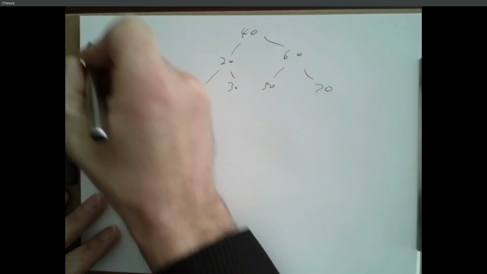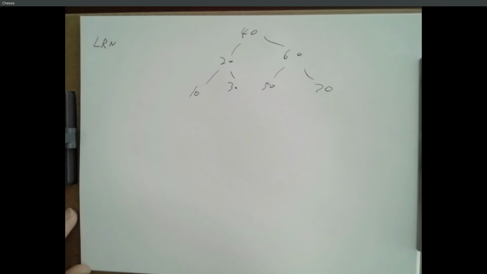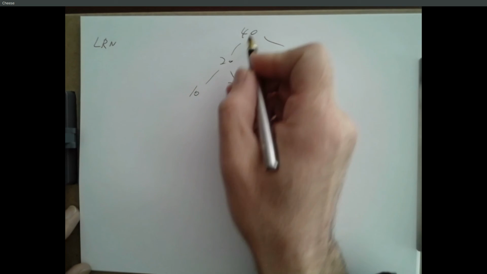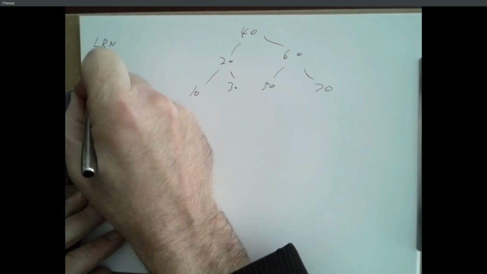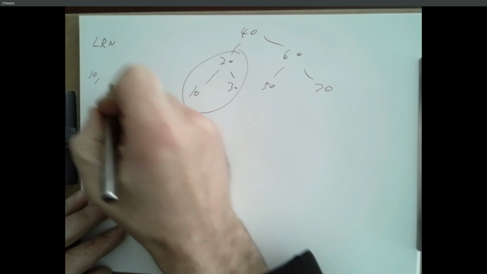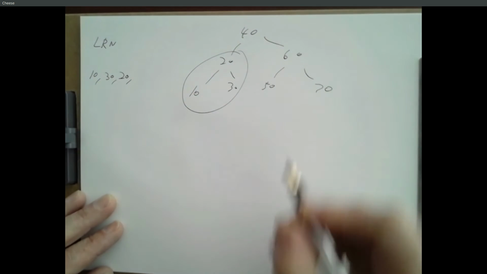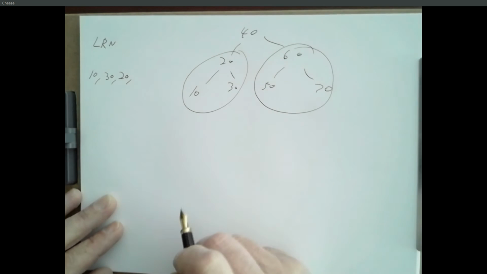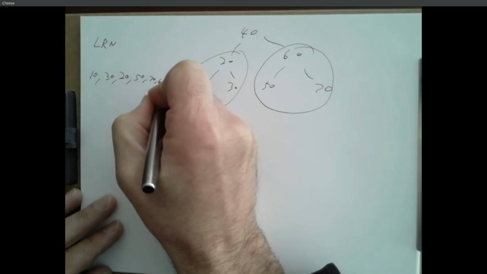So if we wanted to do left-right-node traversal on this tree, we would say let's go all the way to the left and then the right and then print out the root node. So that's going to print a 10 first. In traversing this, we'll print the 10 and then the 30 and then the root node. And then we're going to do an LRN traversal on this, which will be a 50, a 70, and a 60.